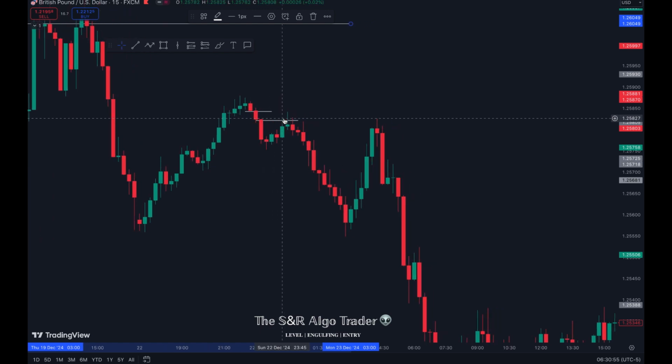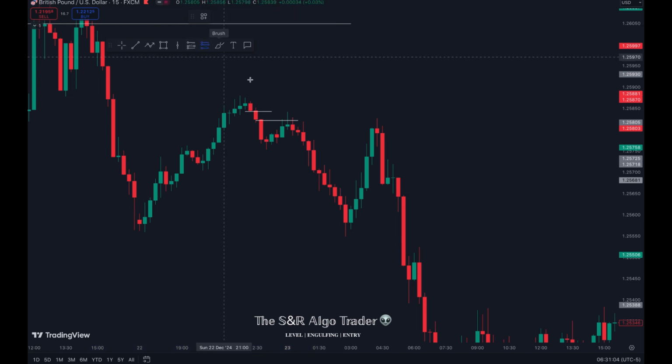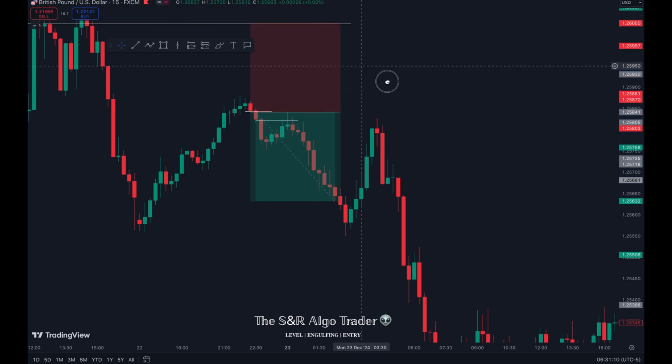The market wasn't really volatile, because it is mostly volatile in the London and New York sessions. So with this you can put your sell limits at the tip of the fair value gap.